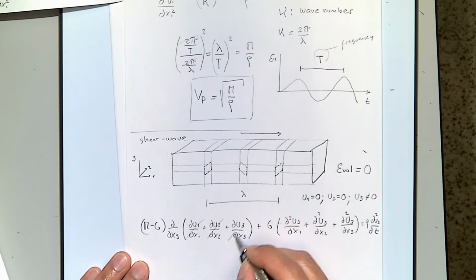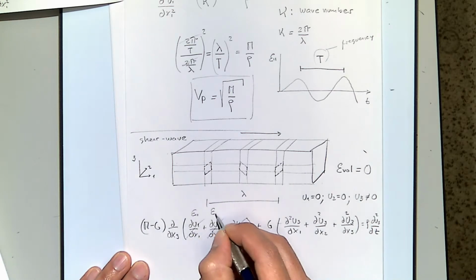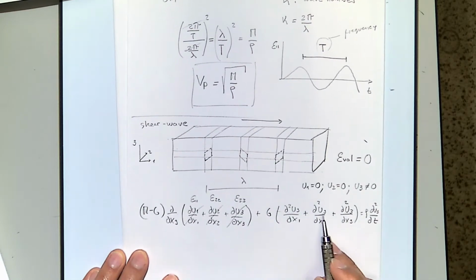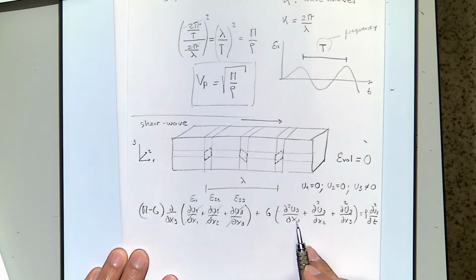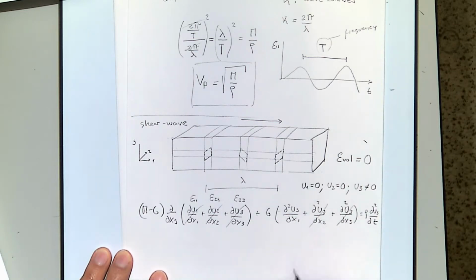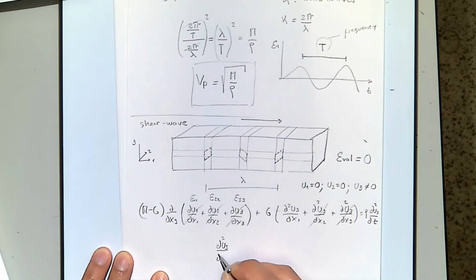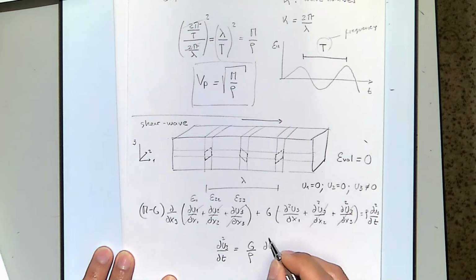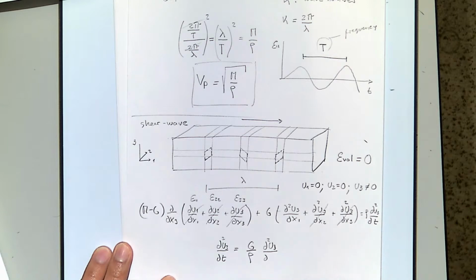We just said these are 0 because all of these, remember, are volumetric strains, and all of those are equal to 0. And in this case, we just have shear strain in the plane 1, 3. So this is 0, this one is 0, and we just get now that the second derivative of u3 with respect to time is G divided by mass density, times the second derivative of u3 with respect to x1.